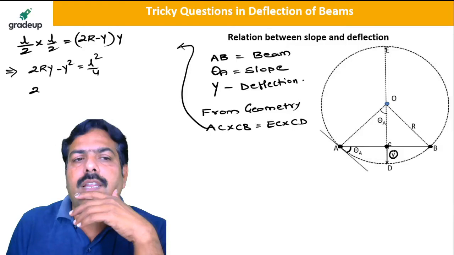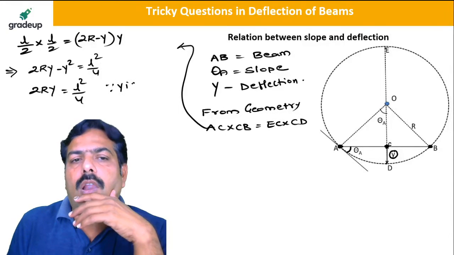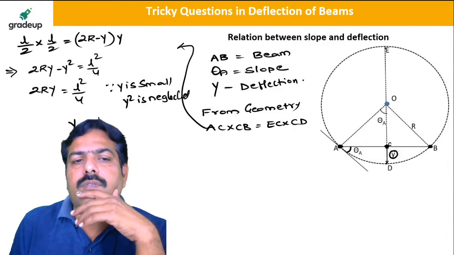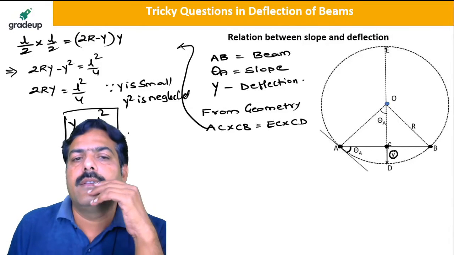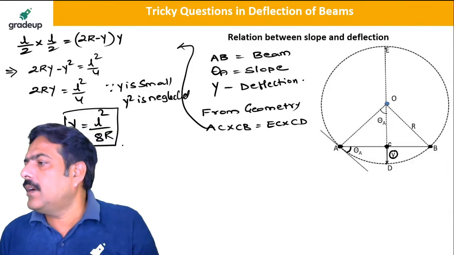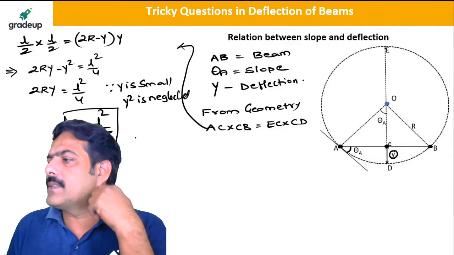So I can write 2RY is equal to L square by 4. From this, the deflection is equal to L square upon 8R, which is one of the very important formulas, my dear friends, right? Is it clear now? Yes, property of chord.